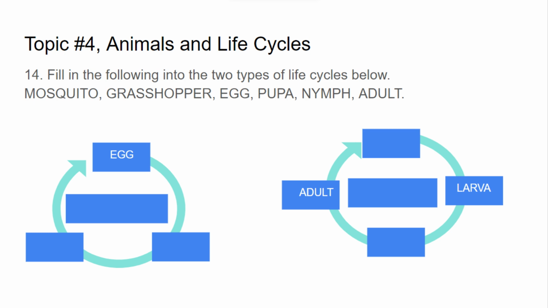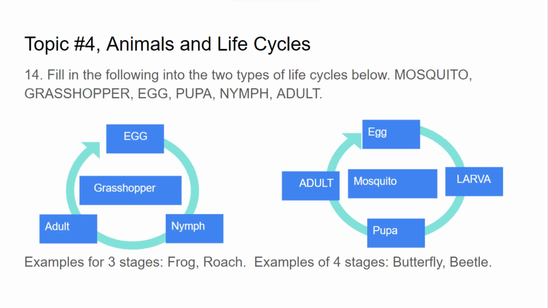Question 14. Fill in the following into the 2 types of life cycles below. Mosquito, grasshopper, egg, pupa, nymph, adult. Here you see 2 cycles.